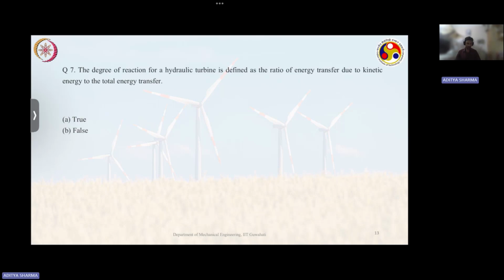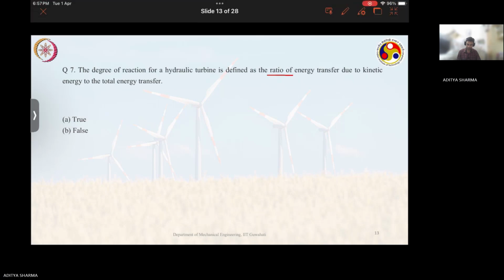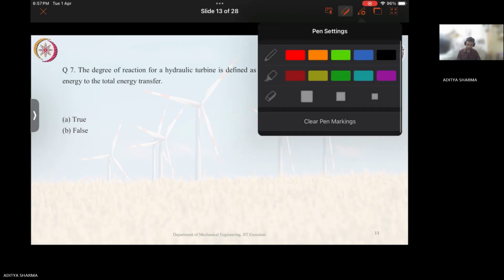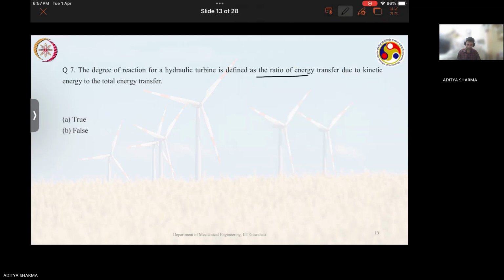So question number 7 says that the degree of reaction for a hydraulic turbine is defined as the ratio of energy transfer due to kinetic energy to the total energy transfer. Whether this is true or false.